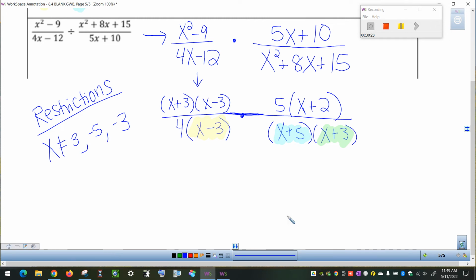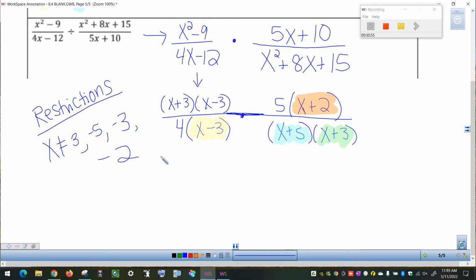There is, however, one more thing that we need to think about with the restrictions when we do our division problems. I'm going to highlight one more piece that is going to be part of our restriction, and that is this x plus 2 that we had in our second numerator. So I'm going to add that to the list.